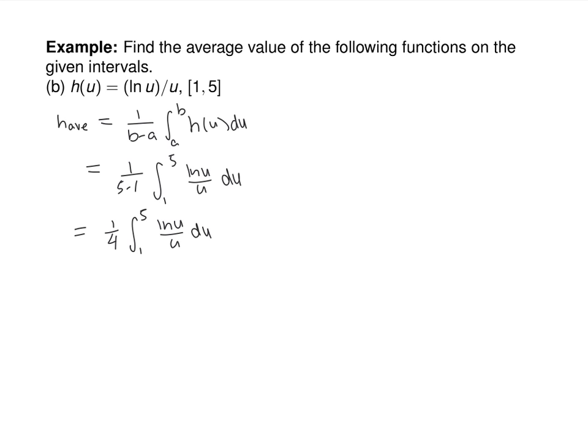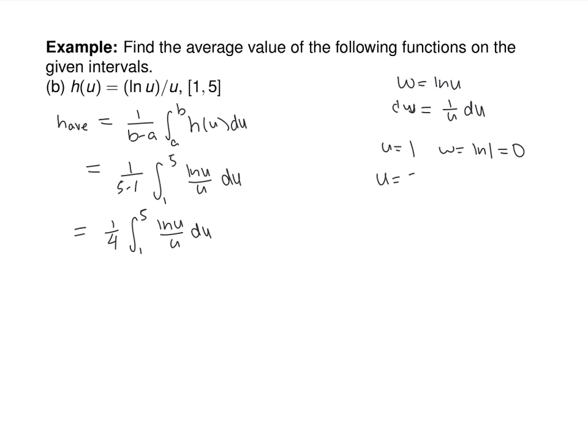I'm going to make a substitution here as well, but the thing is I cannot use the letter u because I've already used it up. So pick another letter to substitute. After u in the alphabet comes w, I think. So if you let w equals ln of u, then dw is 1 over u du. And let's change our bounds. If u is 1, w is ln of 1, which is 0.